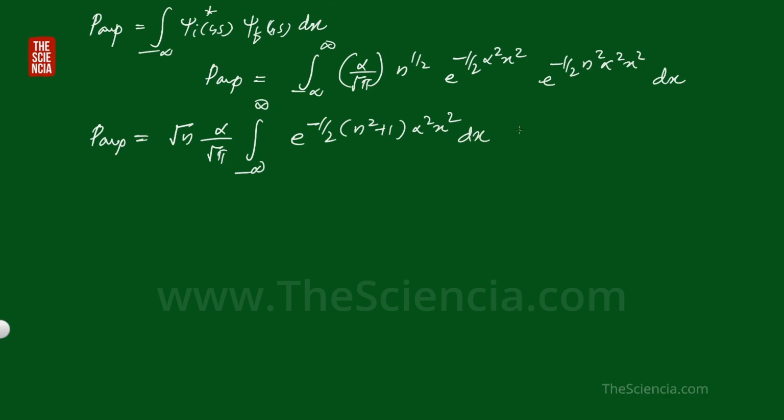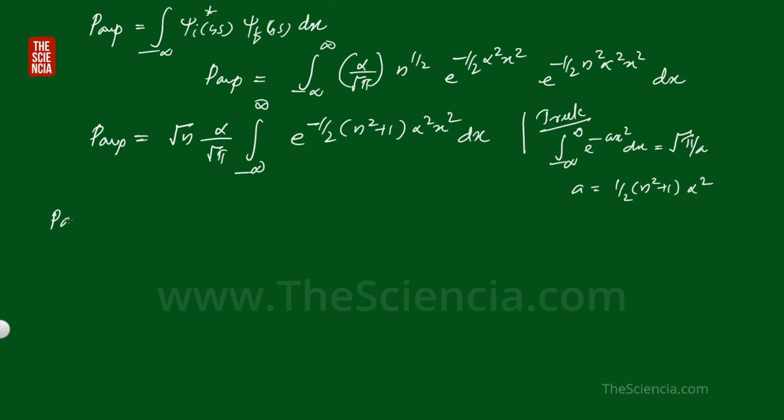How can we solve this integral? We know a trick. That is, integral from minus infinity to infinity of e raised to minus a x square dx is equal to root pi by a. So here a is equal to half (n square plus 1) alpha square.